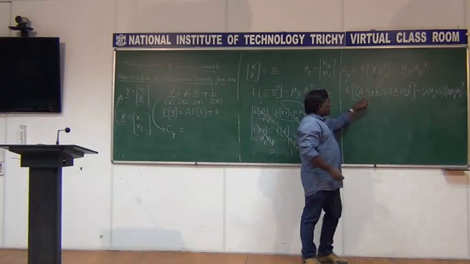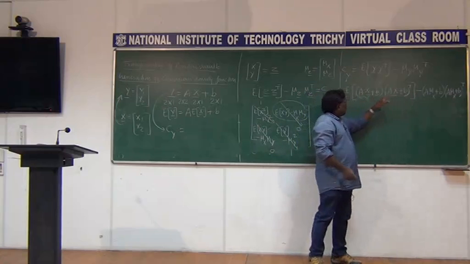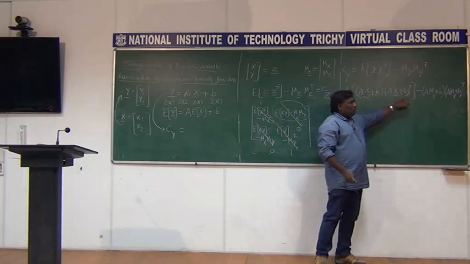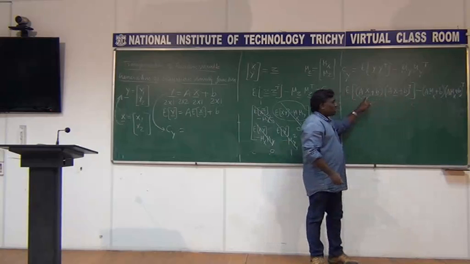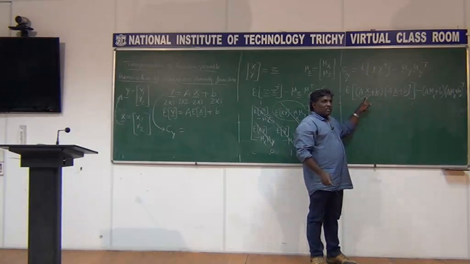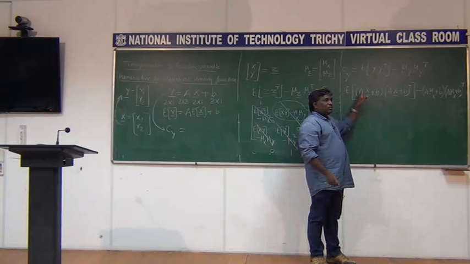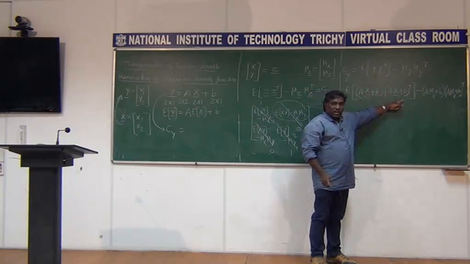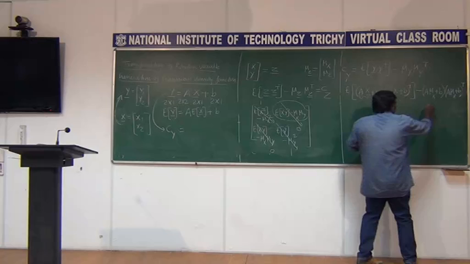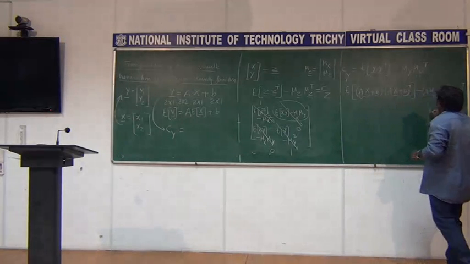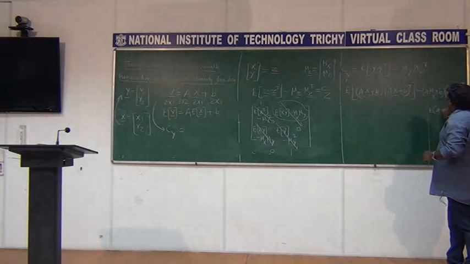Expectation of Ax b transpose. A is constant, b transpose is constant, but x is a random vector. So what do you get? A mu x b transpose. You understood? I just gave you only one for you to do the rest.